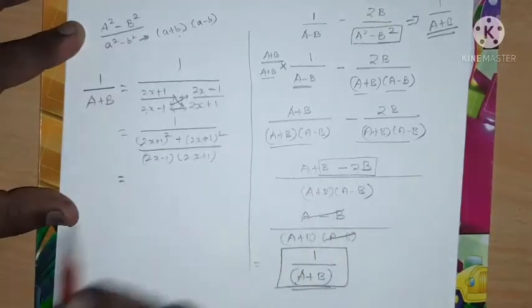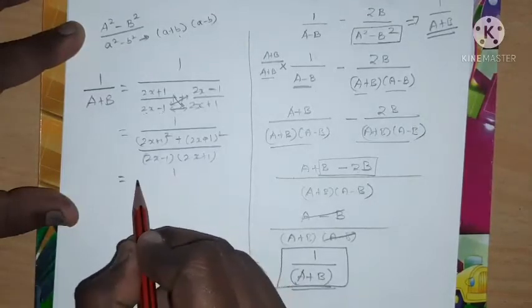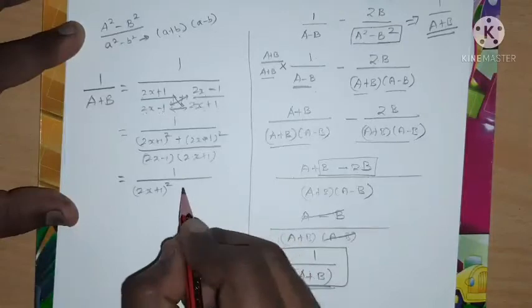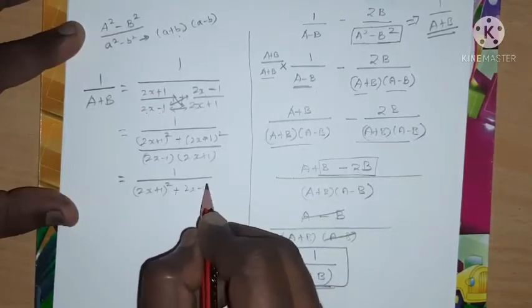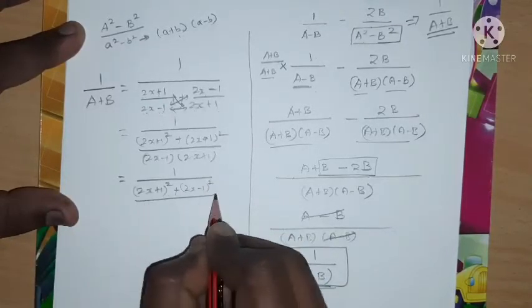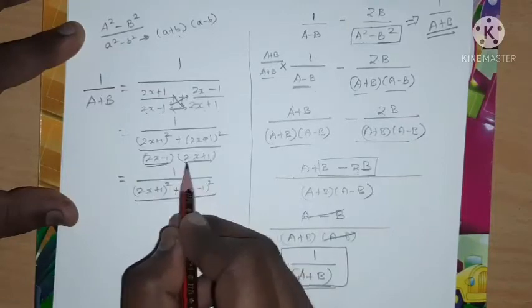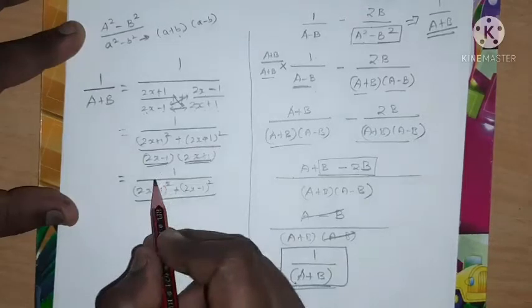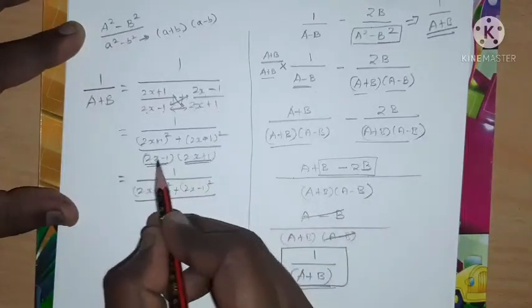Right? Next, what we'll get? So 1 divided by [(2x + 1) whole squared plus (2x − 1) whole squared divided by, this is again in the form called (a + b) into (a − b)]. So how do we write? a² − b², where a is 2x, b is 1.